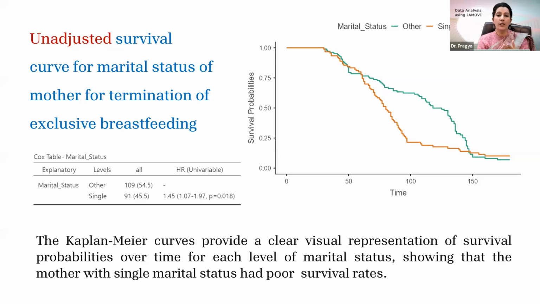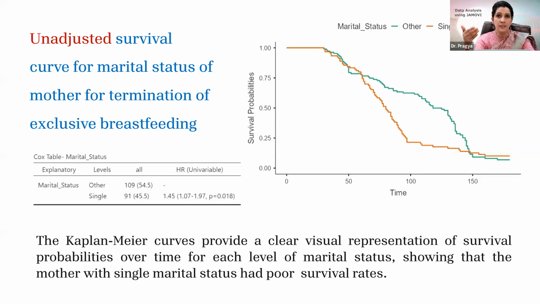In binomial logistic regression, there is something known as the unadjusted odds and something known as the adjusted odds. In survival analysis also, there is something known as the unadjusted survival curve, where you take only one variable and see the survival time across the categories of that variable.